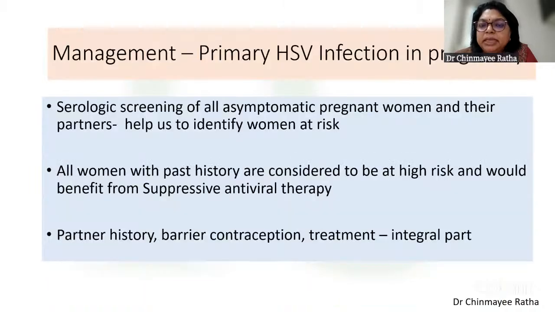So the primary HSV infection is one where the woman had never had this infection in the past and has developed this for the first time. Whereas you can also have secondary infection in women who've had some kind of immunity in the past, or they were infected with one variety and now they have the cross infection with another variety. So we need to give them antiviral medication in addition to partner screening, barrier contraception, and the entire treatment.